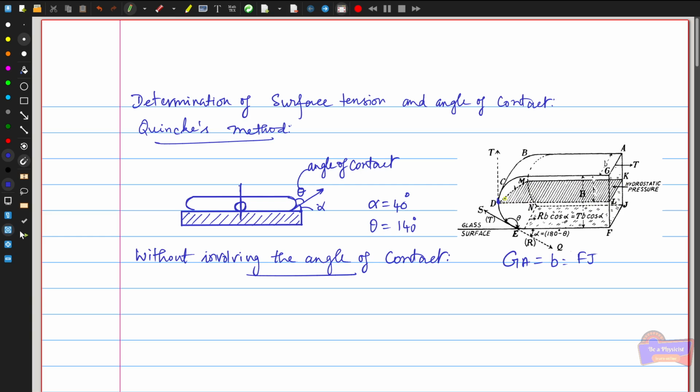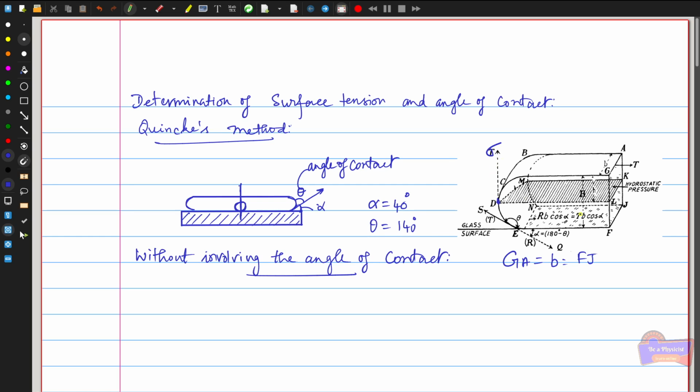One force acting on this slice is the surface tension at this point D. Let us take this as sigma, because we already considered sigma as the surface tension in our previous videos. This surface tension is vertically upwards, and therefore there is no horizontal component at this point D. So only the vertical surface tension force is acting on it.